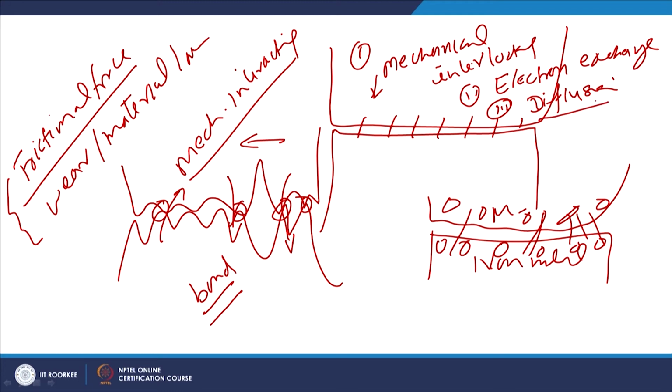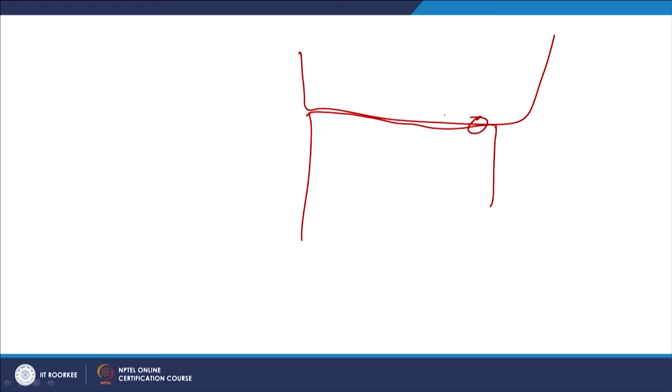The third mechanism is the diffusion, which also facilitates the bonding between the mating components. Wherever the direct contact exists, the diffusion starts due to the compositional gradient across the interface, and that in turn facilitates the formation of the bond between the two mating components. So, there is a very general principle that if a greater area between the two mating components comes under the cold bond or the metallurgical bond, or the bonding is created between the two over a larger area, it will increase the frictional force.